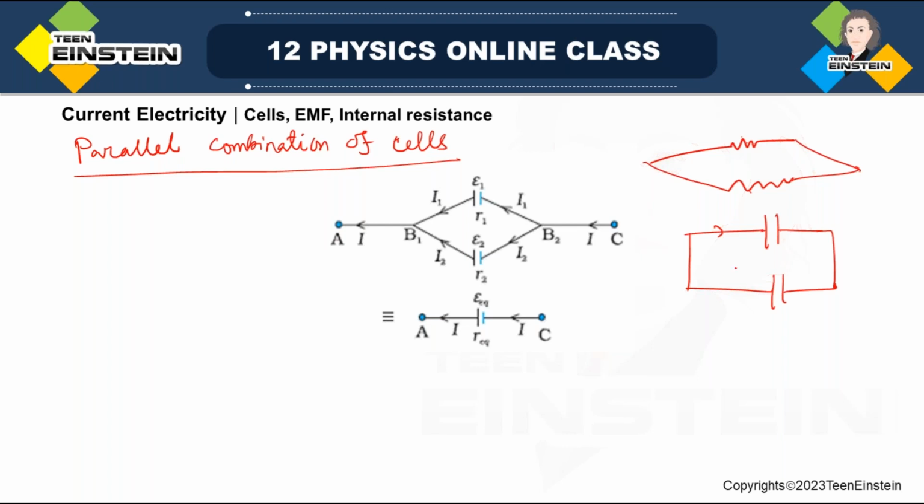Okay, current will be divided, but the potential will be the same across each cell.